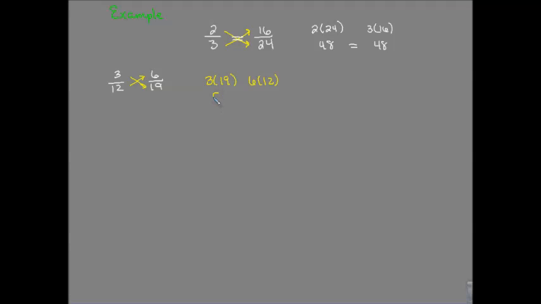This is 57 and this is 72. These are not equal, so this is not a proportion. Okay, so that's how you can check to see if two fractions or two ratios are equal. You do the cross products, and the cross products have to be equal in order for it to be a proportion, for the ratios to be equal.